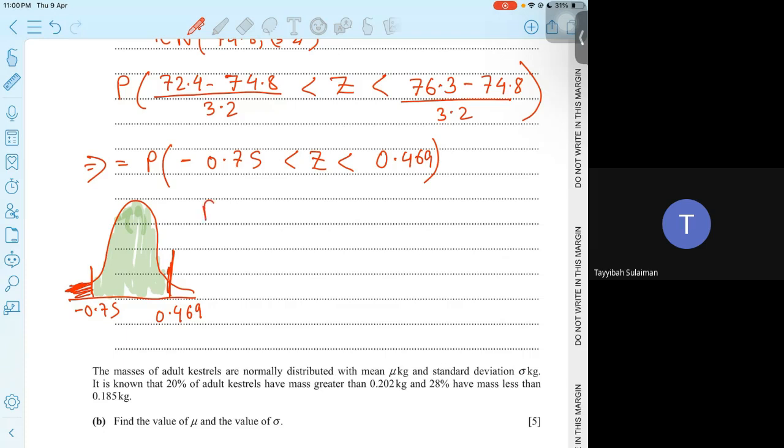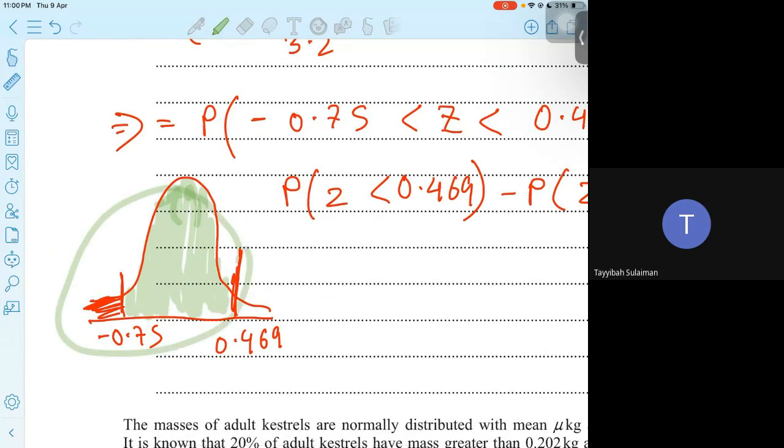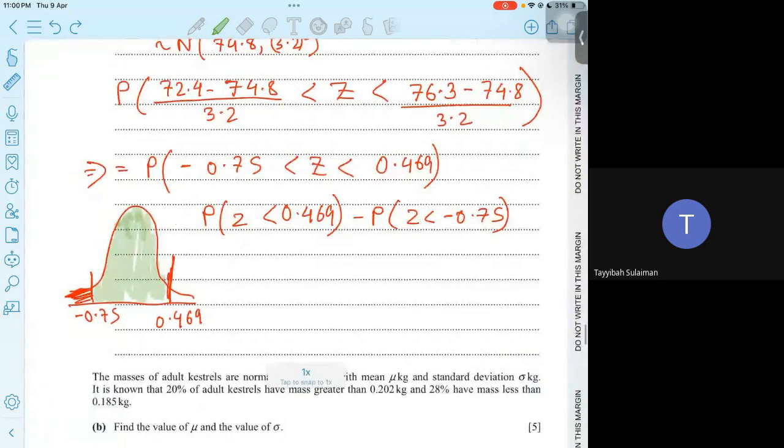The way to do that is the probability of Z less than 0.469, and we subtract the probability of Z less than minus 0.75 from that. So basically this whole thing minus this small thing. That's what you do, right? Are you cool with this so far?